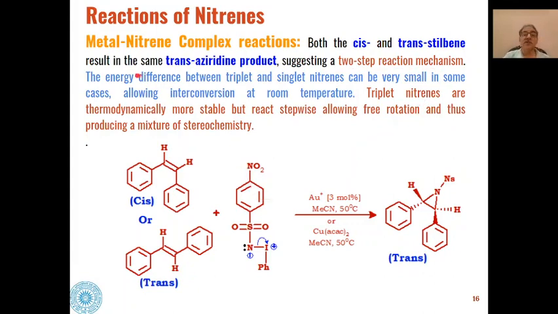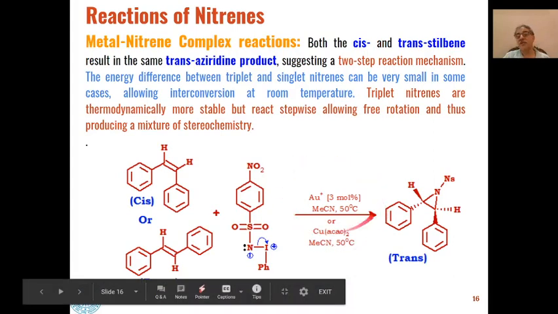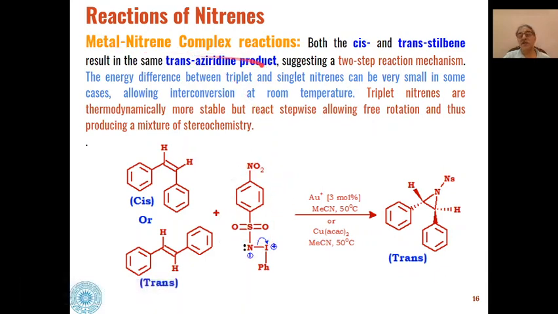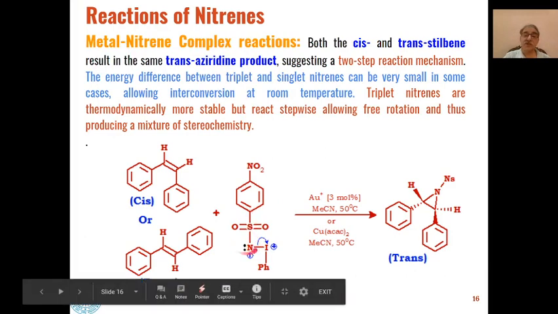And we know that the energy difference between triplet and singlet nitrenes is very small, and interconversion at room temperature is possible when we are reacting these in the presence of gold metal or copper acetylacetonate. So under any of these reaction conditions, they will react with amino iodines and form a metal nitrene complex to generate the nitrene.